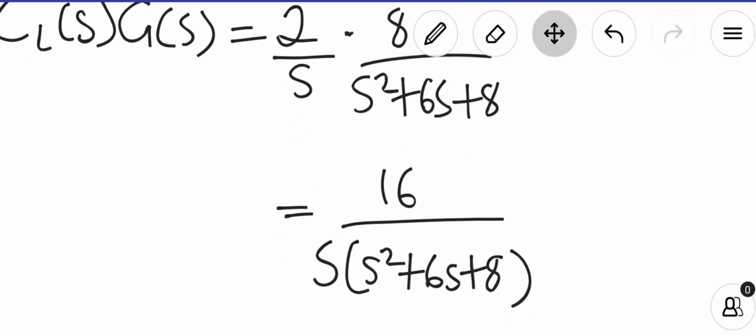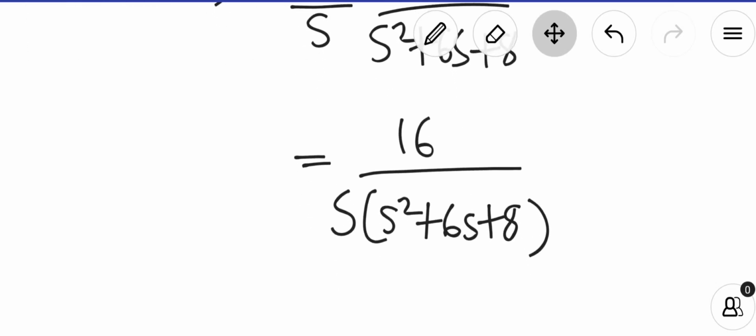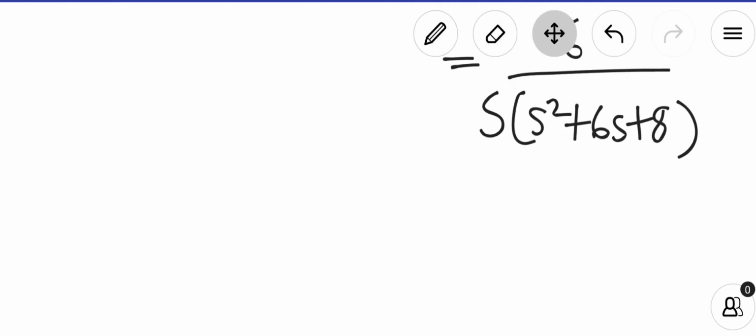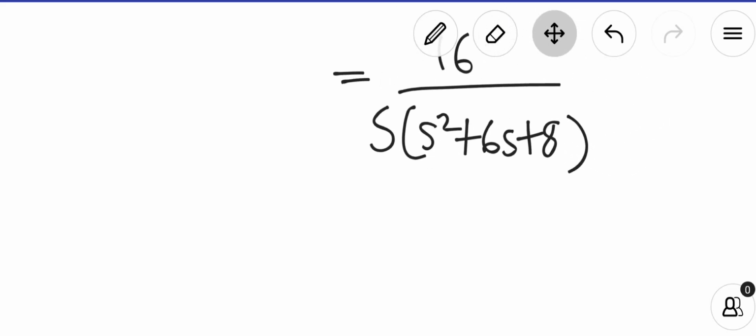Looking at this, you can't find the inverse Laplace transform directly, but we can find it using the partial fraction method. So converting this to partial fraction, I'm going to be using the residue method here.